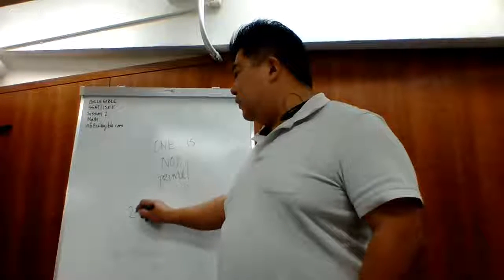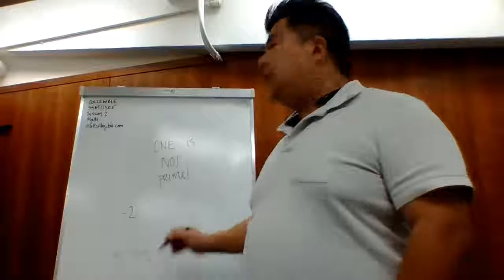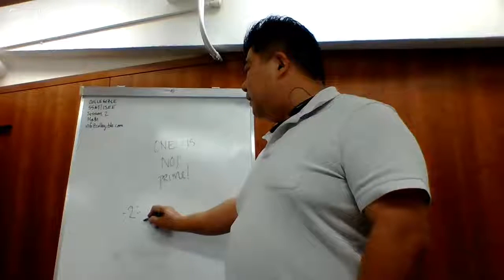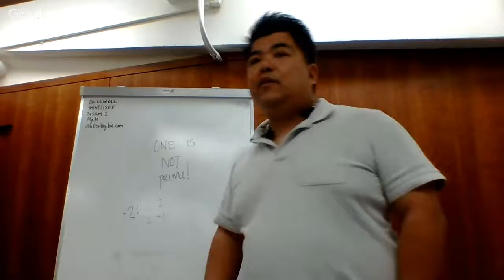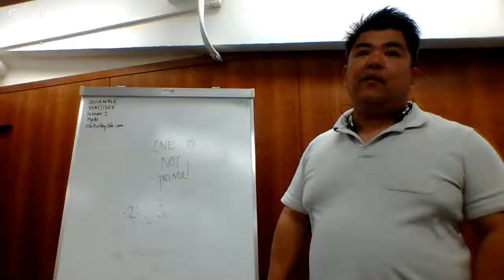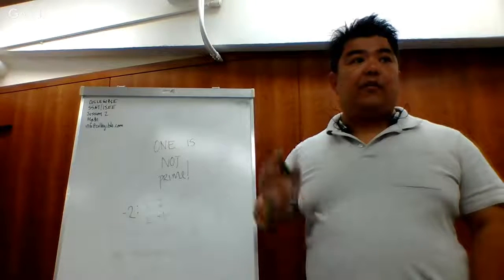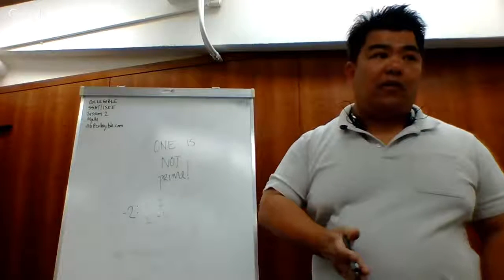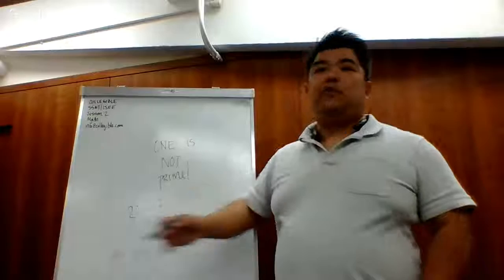Let's look at -2, okay? The numbers that go into it are 1 times -2, 2 times -1, right? So there are 4 different factors here, right? For a prime number, the definition is the only factors are itself and 1. So that means -2 would not be prime.